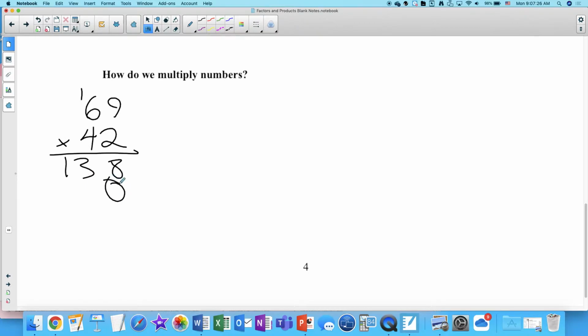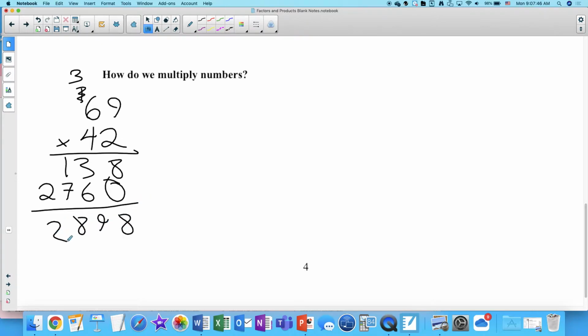And this is 4 times 9, which is 36. So we cross out the 1. The 3 goes there. 4 times 6 is 24, plus 3 is 27. Is that right? All right, and then we can add. So that's 8, 9, 8, 2.